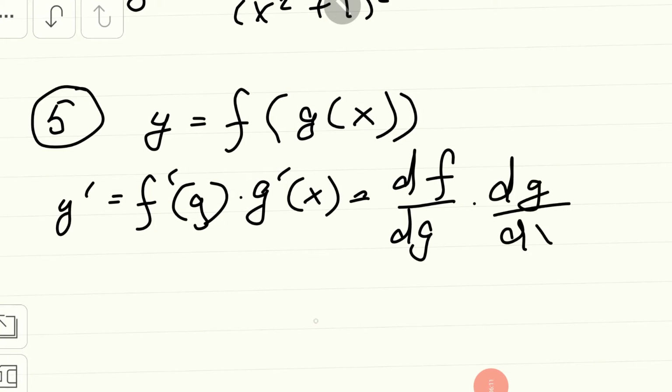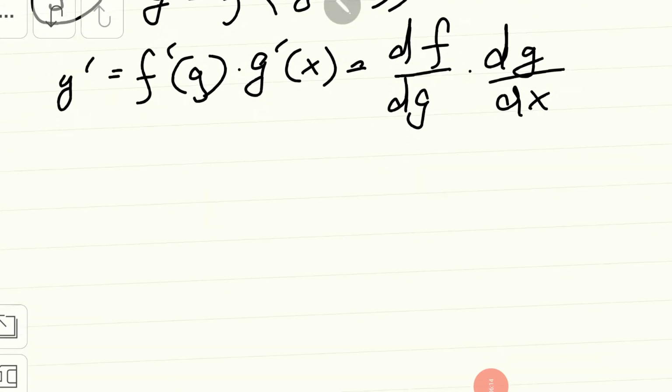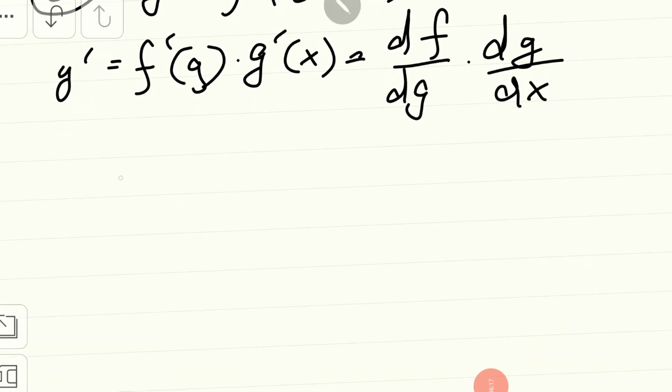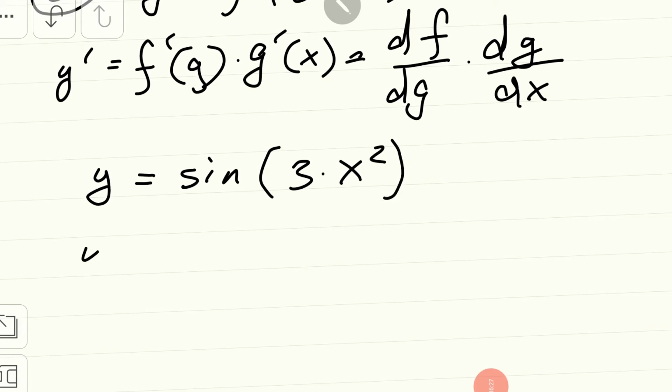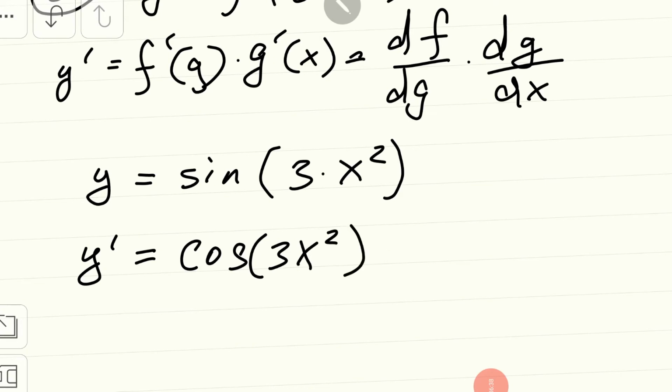And let's do an example. For example, if y equal, let's say, sine of 3x squared, then the derivative of sine is cosine, so it will be cosine of 3x squared times the derivative of the inner function, which is times 6x.